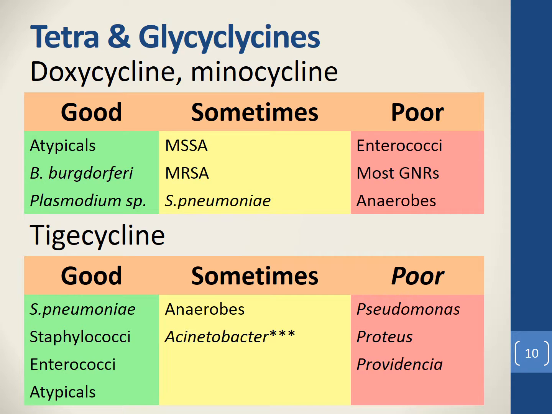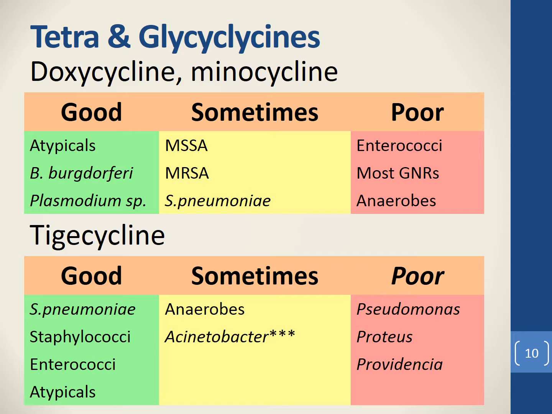In terms of tigecycline, our glycylcycline, this one's only available IV, so you'll typically see it used in the inpatient setting only. And actually, with some of the more recent black box warnings that have come out, it really has fallen to a second and probably third line agent for most indications.